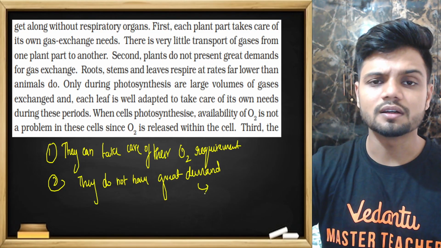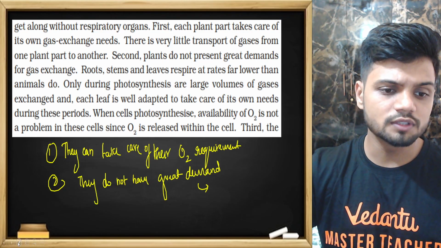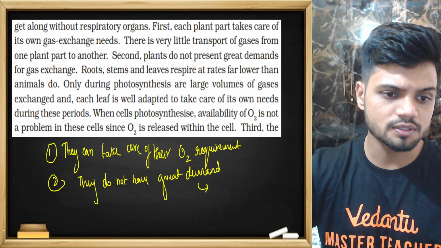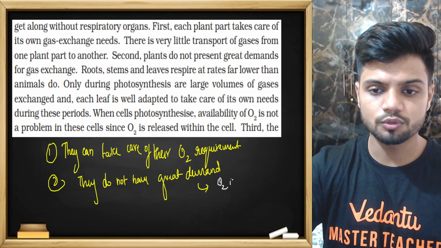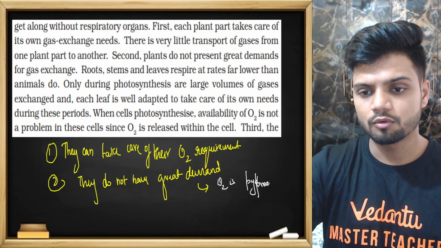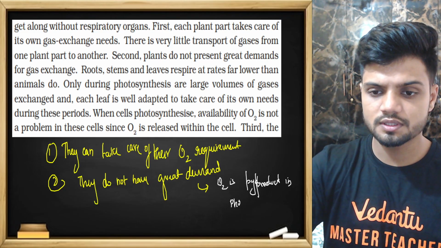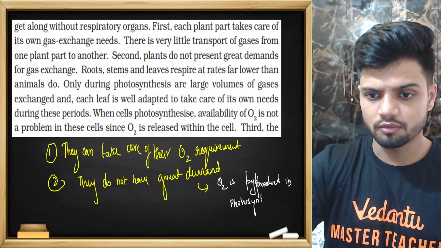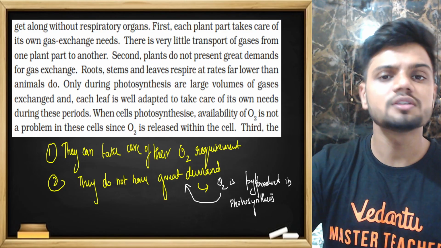Always remember, in photosynthesis, one of the byproducts, because of photolysis of water, is oxygen. O2 is a byproduct in photosynthesis, yes or no? So can this O2 be used in respiration? Yes, it can be used.